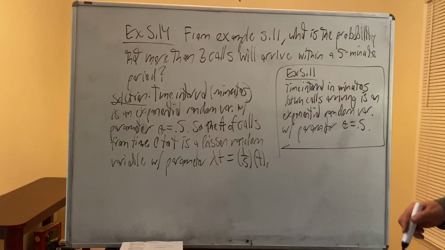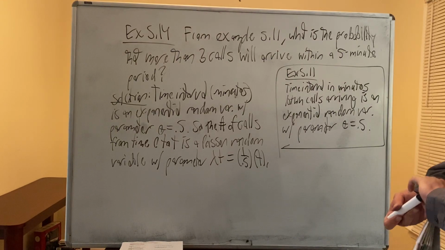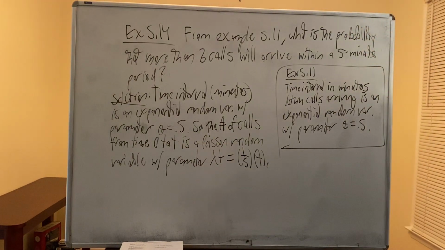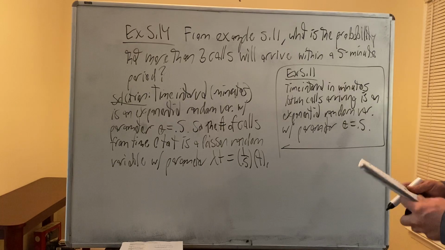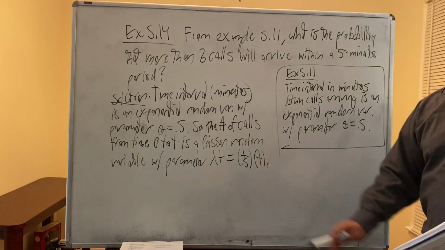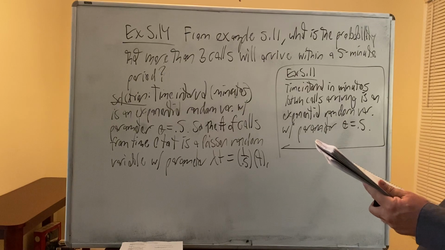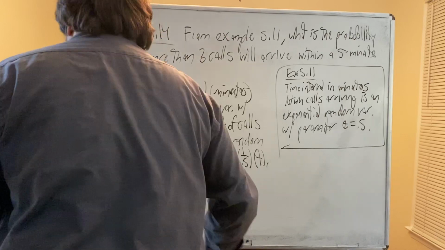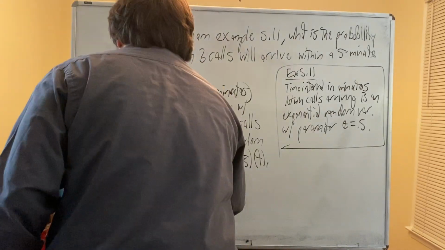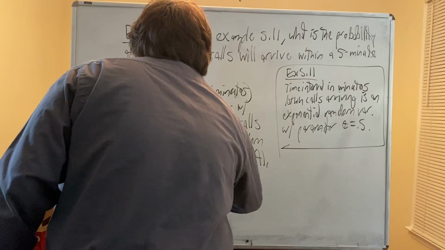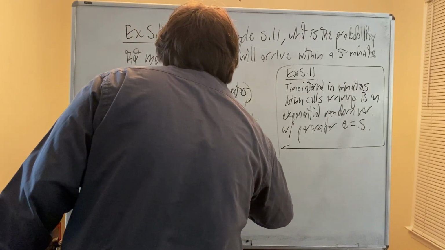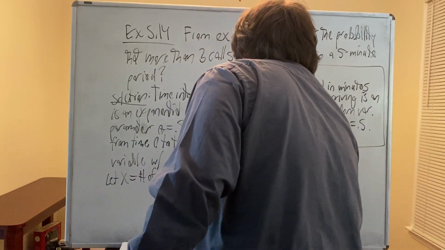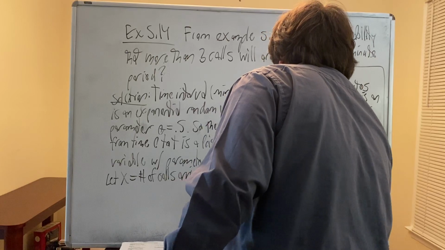So from the fact before, we have an exponential random variable with a parameter theta equals 0.5. So we can think instead the number of calls from time 0 to t is a Poisson random variable with parameter lambda t, which is 1 over theta, 1 over 0.5 t. Okay, so let capital X equal the number of calls arriving within a 5-minute period.